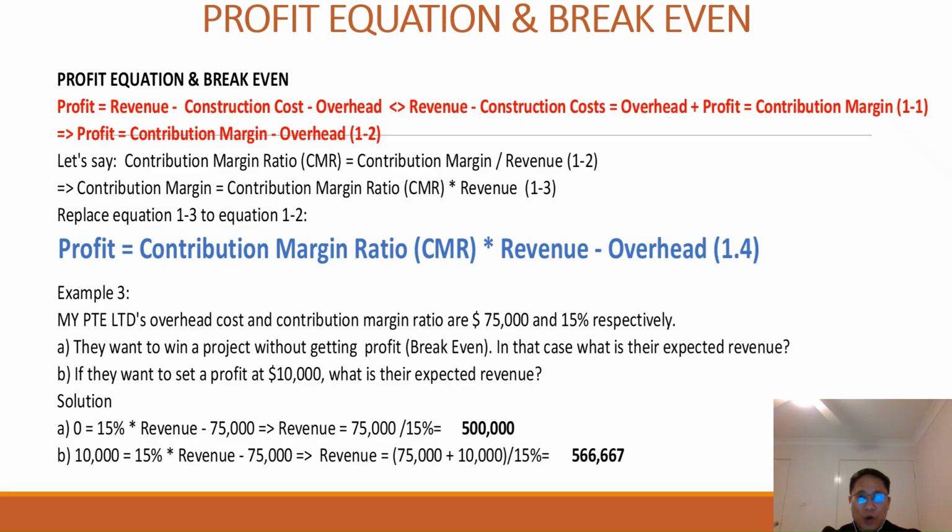And we remember that overhead and profit is the contribution margin. So from equation 1.1, we will infer profit is equal to contribution margin minus overhead. And let's say the contribution margin ratio, CMR, is equal to the contribution margin divided by the revenue.